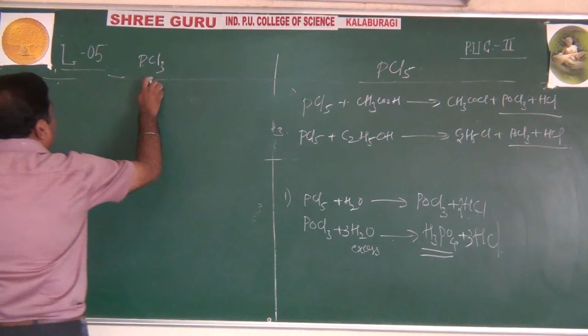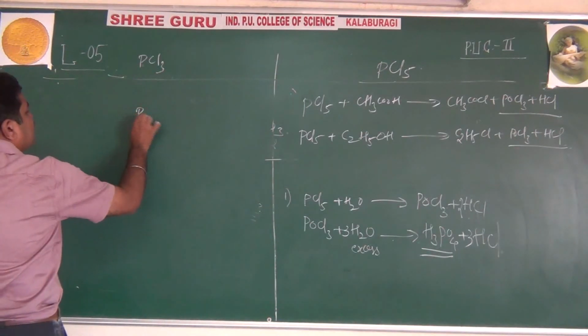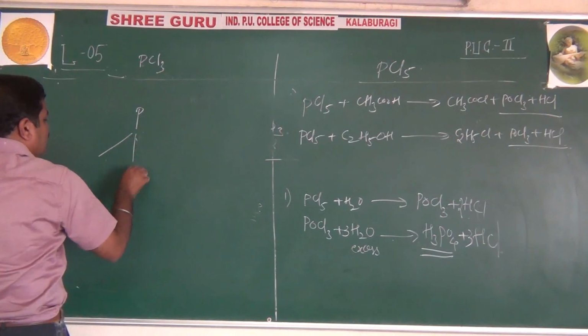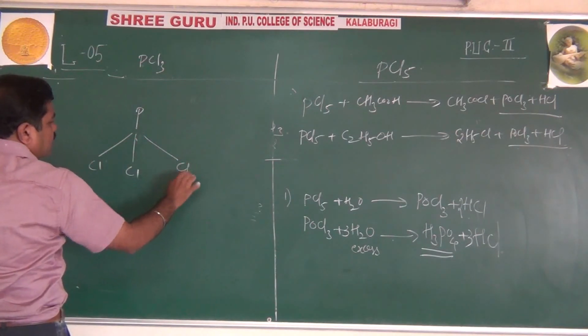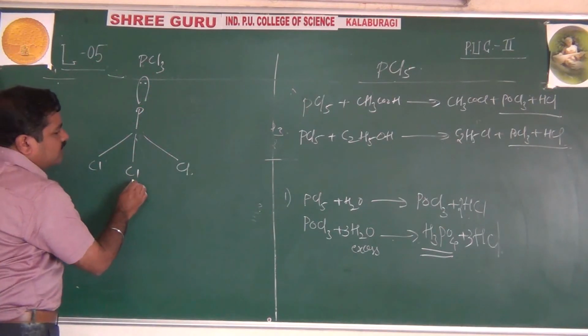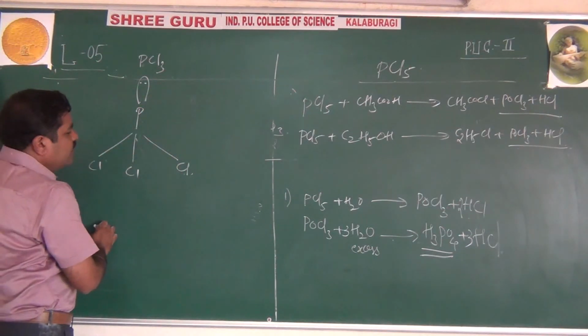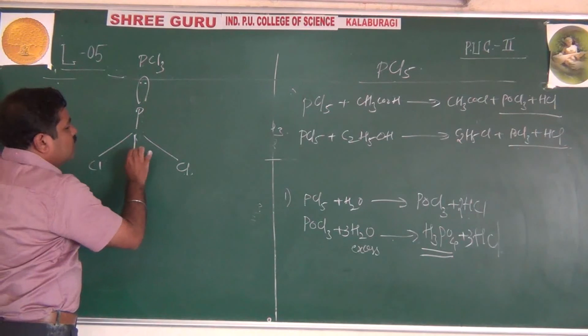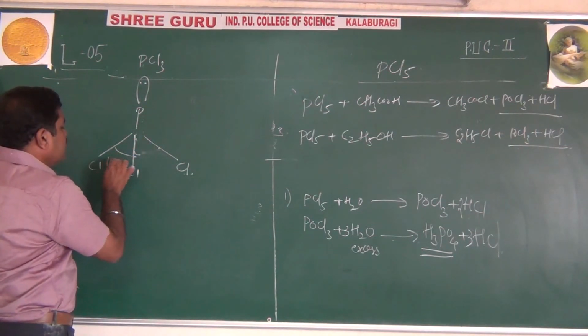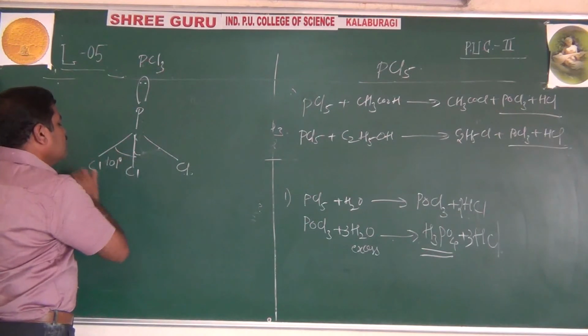Structure of phosphorus trichloride is the same, since the chlorine atom is more electronegative than phosphorus. Here the bond angle between the bonding pairs of electrons is 101 degrees.